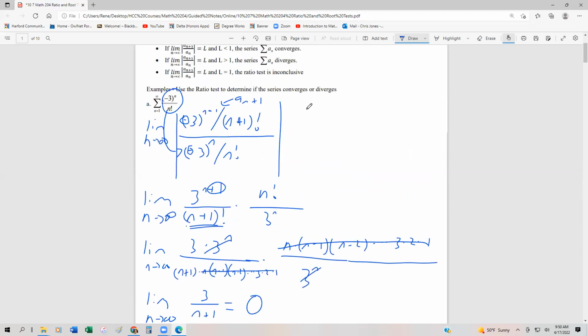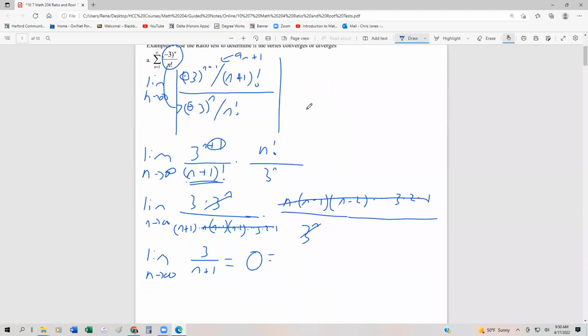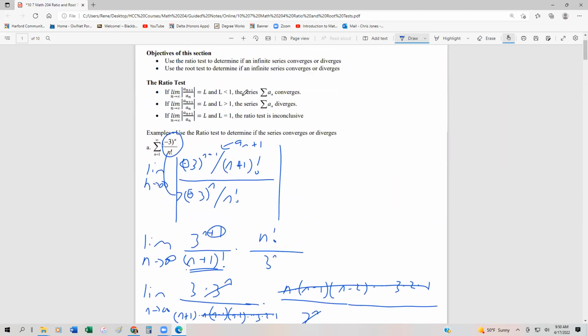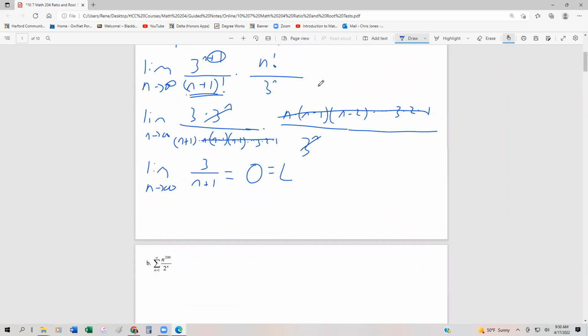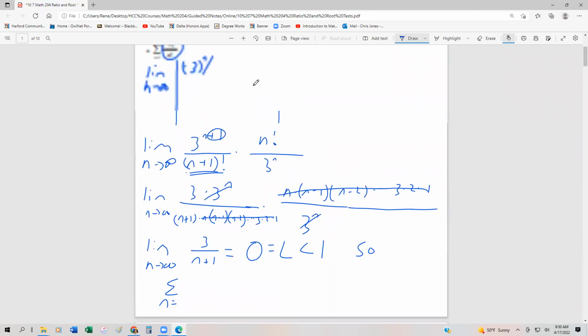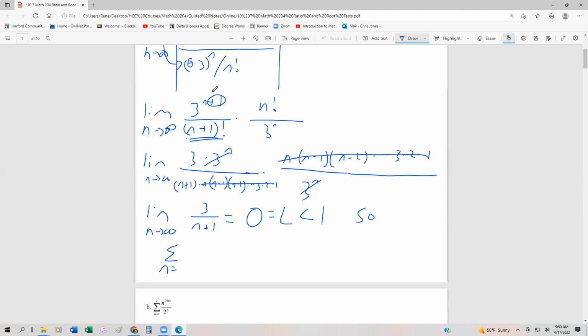Now, if we go back up to our rules, that's going to be our L. And clearly, L is less than 1. So the series converges by the ratio test. So our original series, n equals 1 to infinity of minus 3 to the n over n factorial, converges.